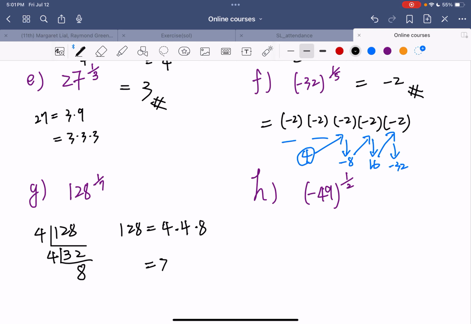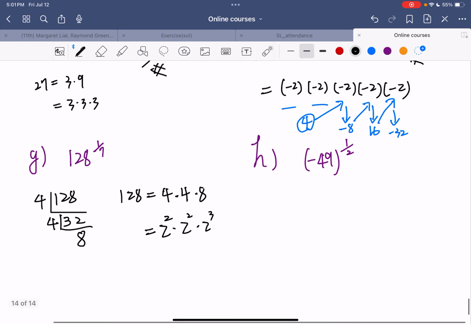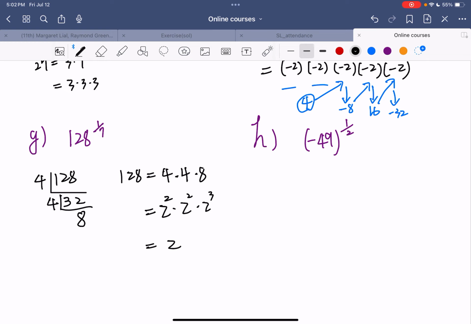And then 4 is 2 with power of 2. 4 is 2 power of 2. 8 is 2 with power of 3. And then we add those 3 exponents together. We get 7. So that would be 2. Because we got 7 here. And it's divided into 7. Okay.